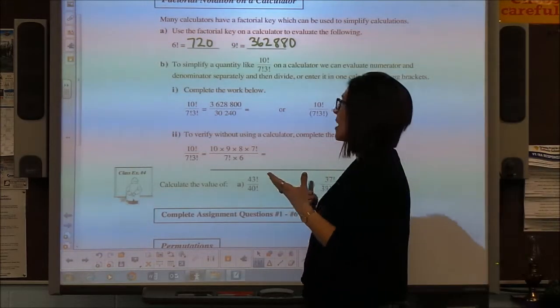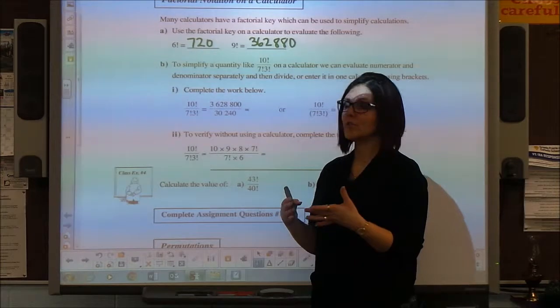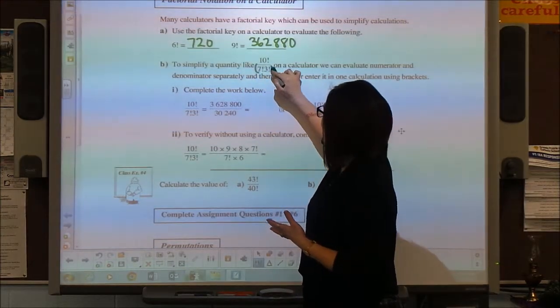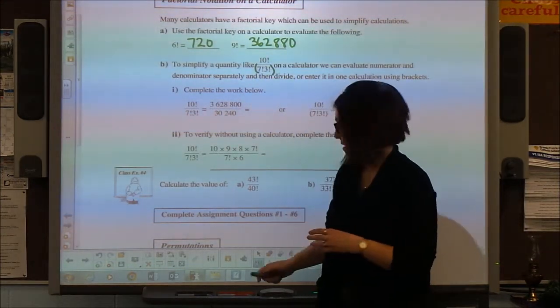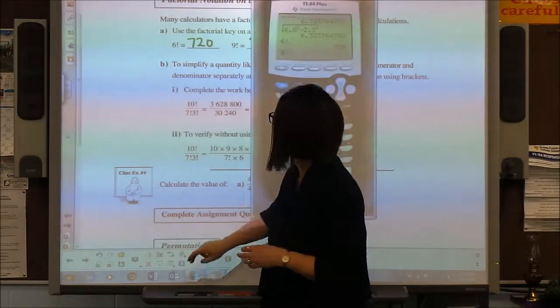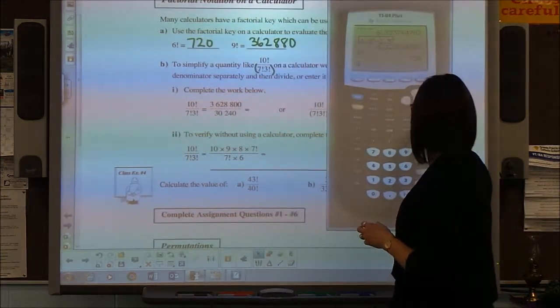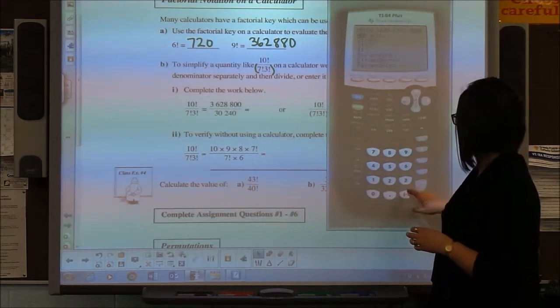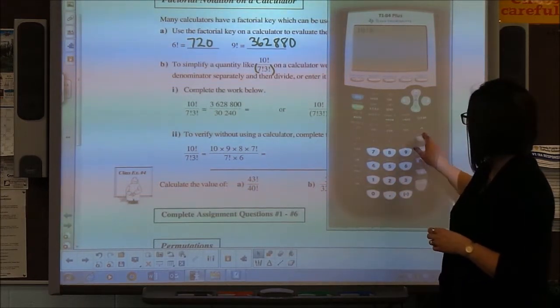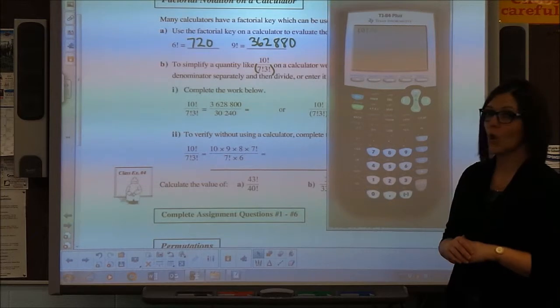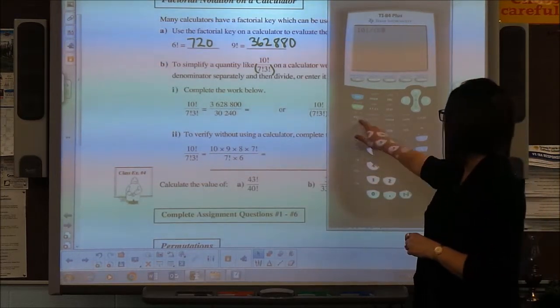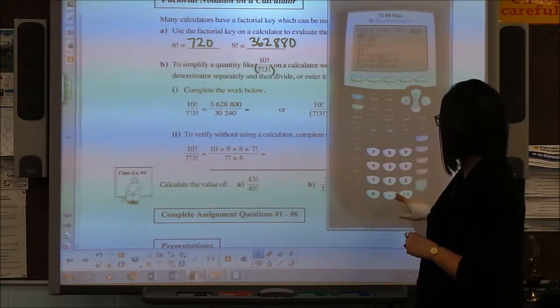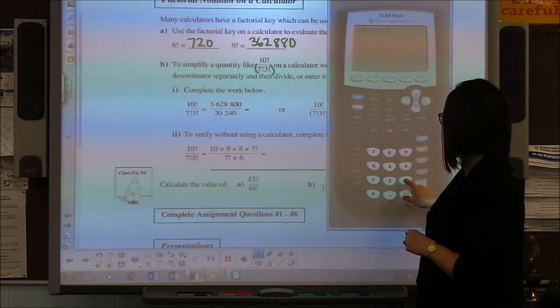You can do the top and the bottom separately, or you can do them together. Just put the bottom in a set of brackets. So if I did this as one step, I would go 10 factorial divided by, and then I would open my brackets up so that I could put in 7 factorial, 3 factorial.